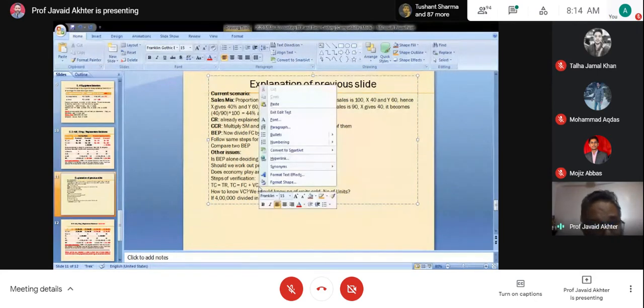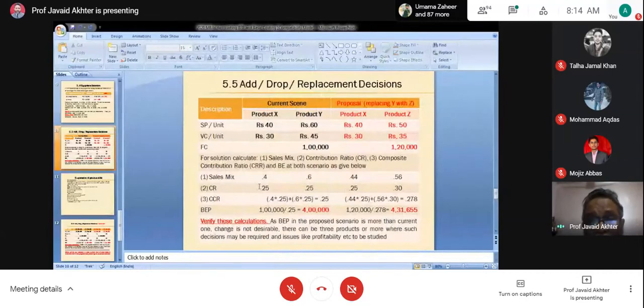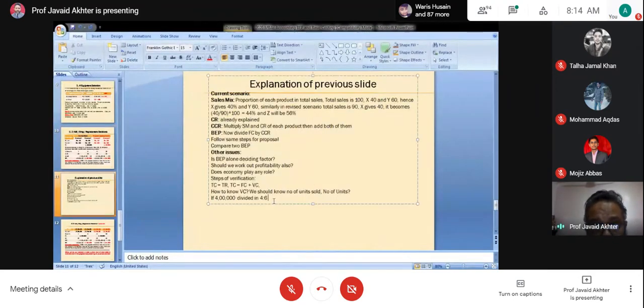Why 4:6 ratio? Because 4:6 is your sales mix, 40% and 60%. When you divide in 40 and 60%, what do you get? 1,60,000 and 2,40,000.